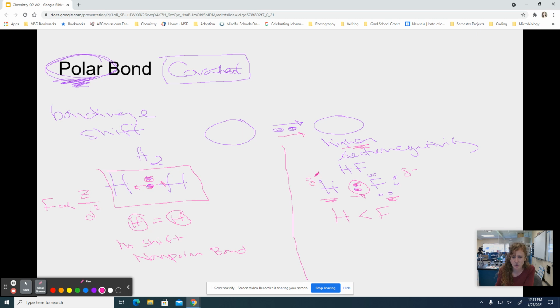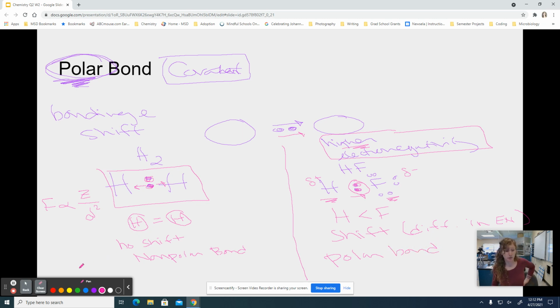Hydrogen's going to be partially positive. So remember, electrons are going to shift towards the atom with higher electronegativity. And if those bonding electrons shift because of a difference in electronegativity, what you get is a polar bond.